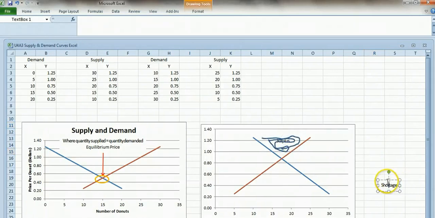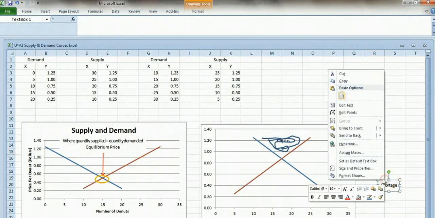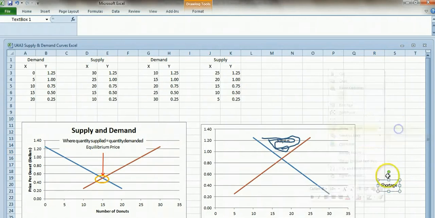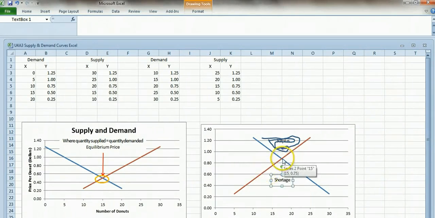Now shortage simply means that the supplier has priced the product too low. And so where the equilibrium price is 90 cents here, they're selling it at 80 cents and lower. So I'm finding that as a consumer, that's a great deal for me.